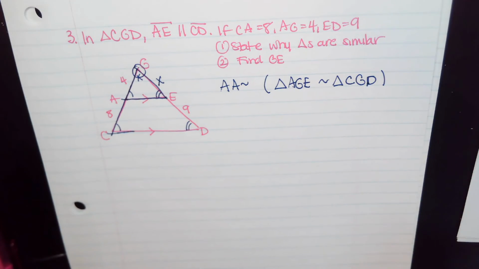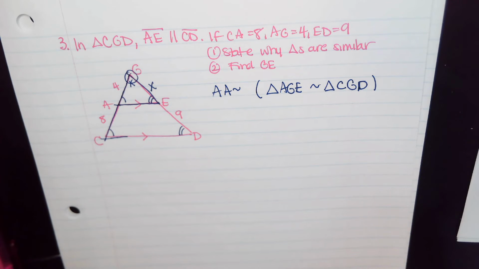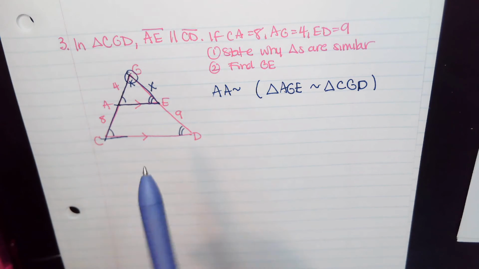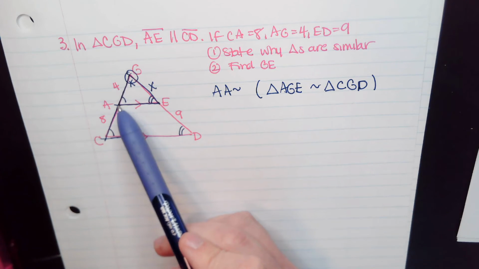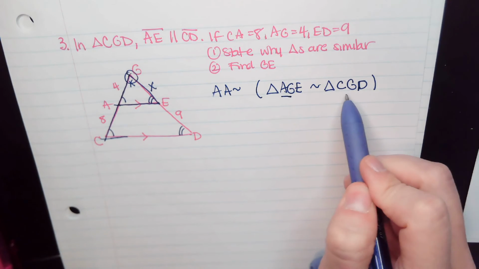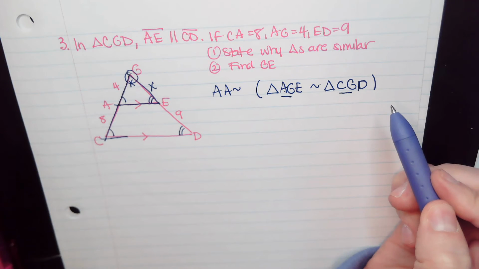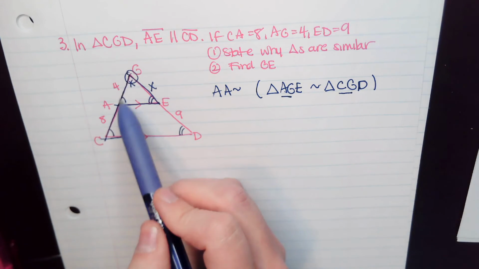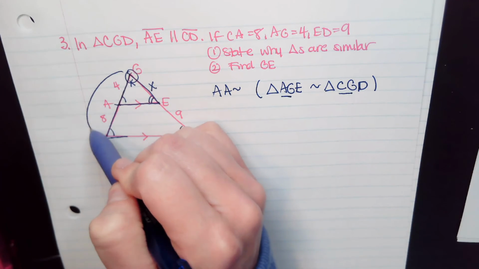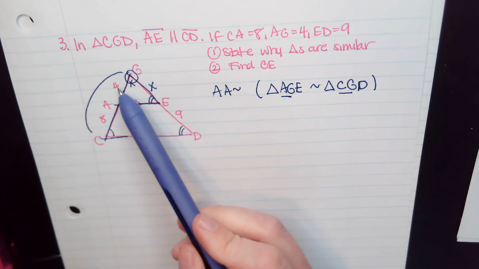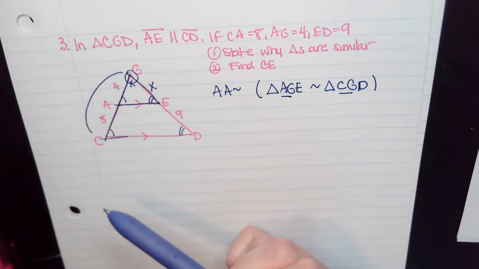Now that I know the triangles are similar, I know that their sides are proportional. So be very, very careful here though. Side AG should correspond to side CG based on our similarity statement. So that's AG and CG. A lot of students try to match up 4 to 8.